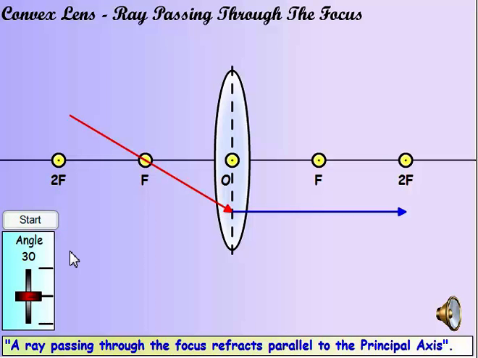Any ray of light passing through the focus of a convex lens emerges out parallel to the principal axis.